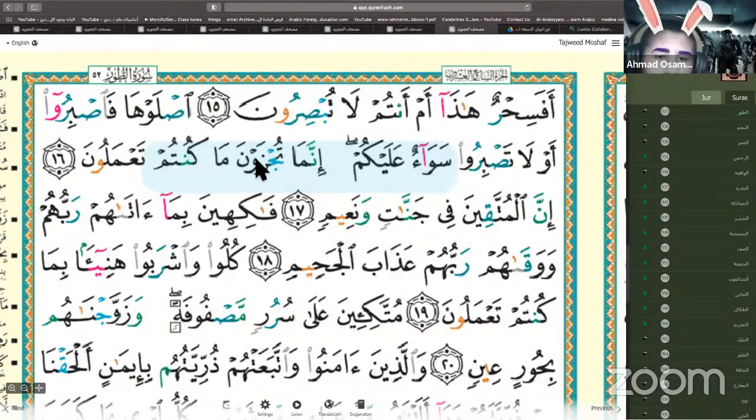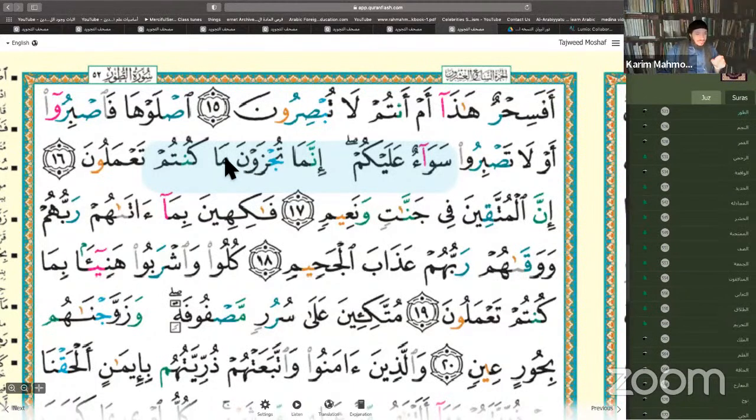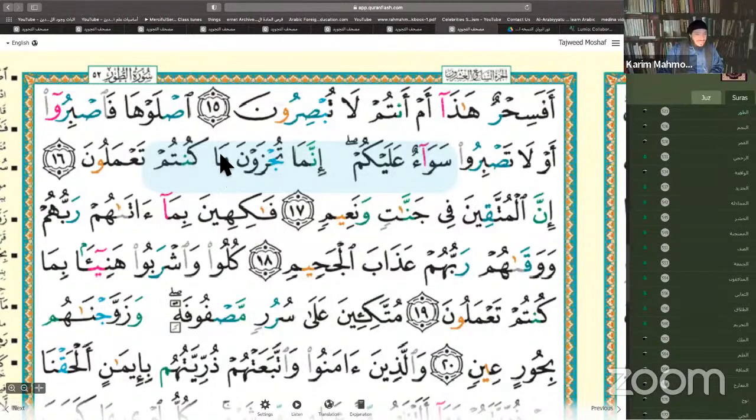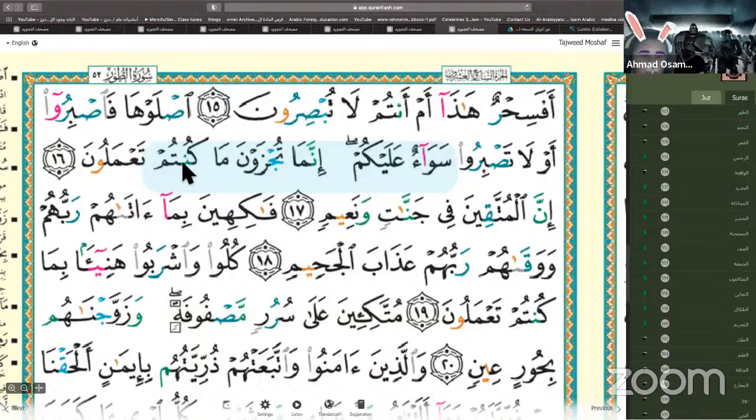This is not part of it. I keep saying this is not part of this. There's no nama. ما. There's the alif, sir. ما كنتم تعملون. Good. Next.